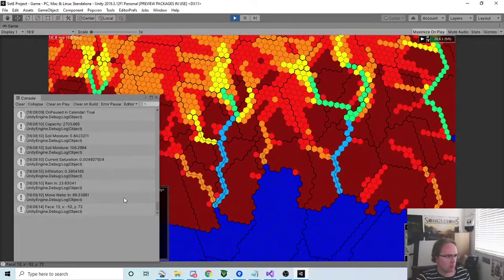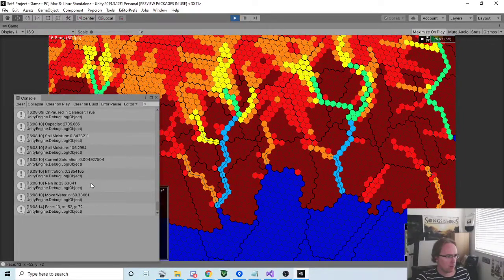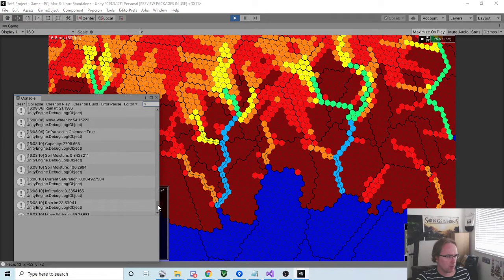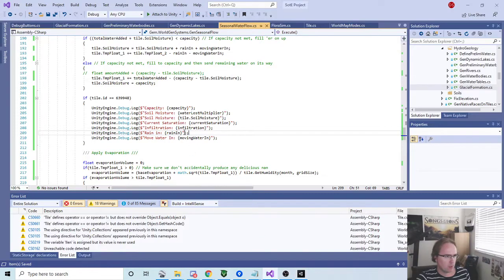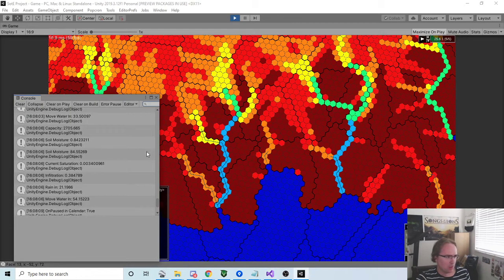Infiltration. Rain in. Move water in. Where? Oh shoot. I logged it out as soil moisture. Yeah, that's the water loss multiplier I expected.